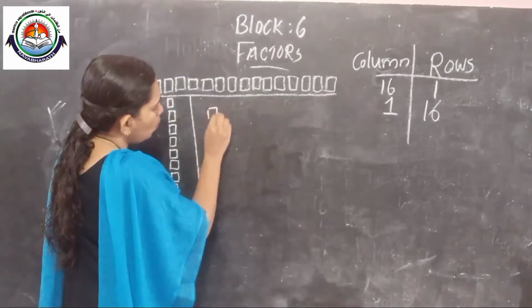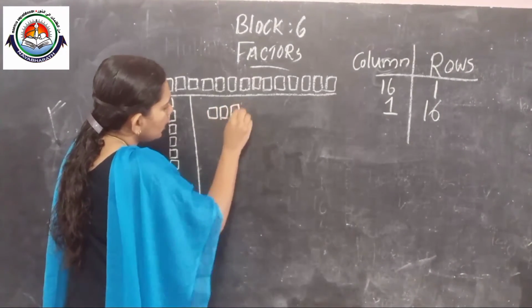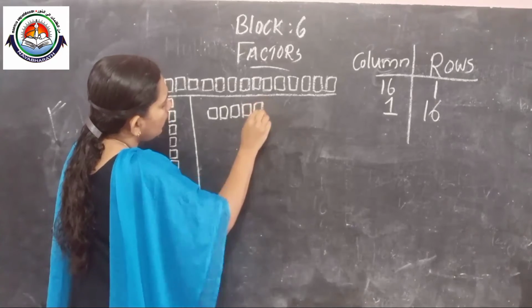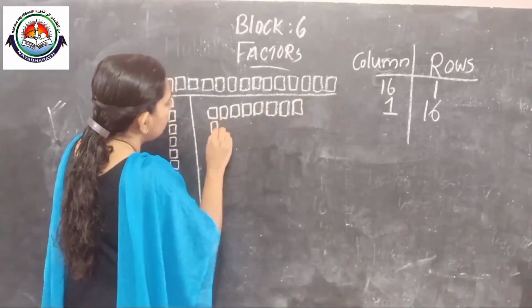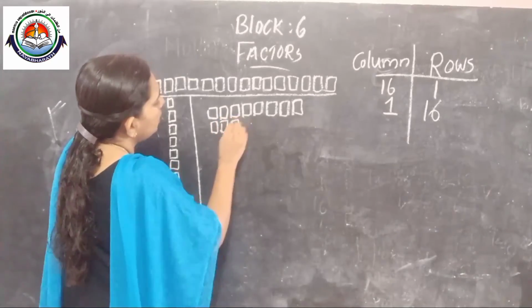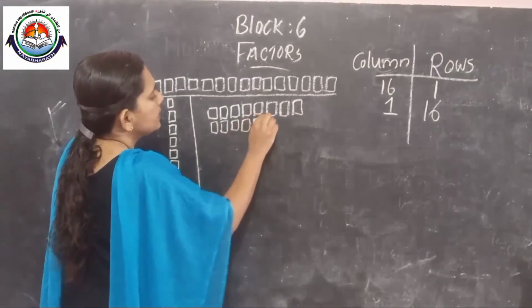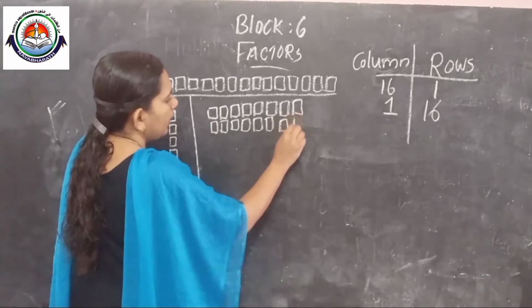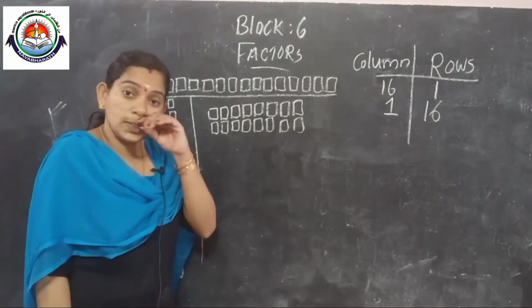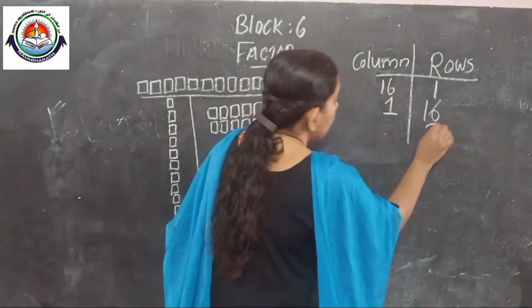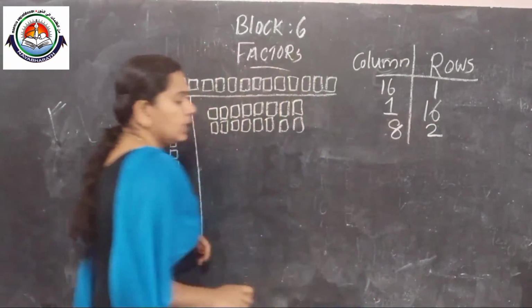Another method. 1, 2, 3, 4, 5, 6, 7, 8, and again 1 to 8. How many rows? 2 rows and 8 columns. Any other way?